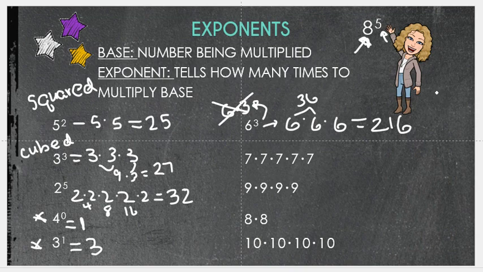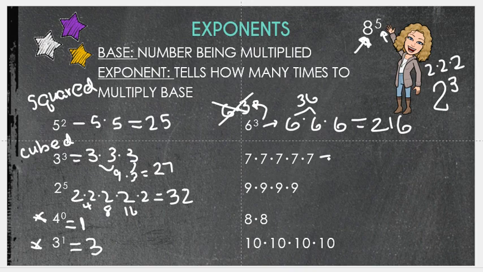One of the most common errors you will see is with 2 times 2 times 2, or 2 to the third power. They will very frequently put 6 for this one, even though they know it means 2 times 2 times 2. So this is just one to watch out for. 2 times 2 is 4, times 2 again is 8. That's the most common error, that they multiply the base and the exponent.